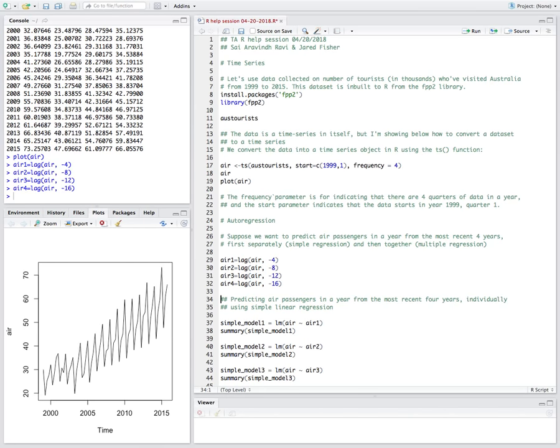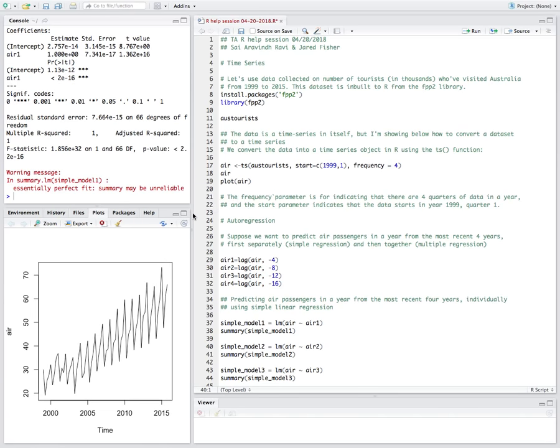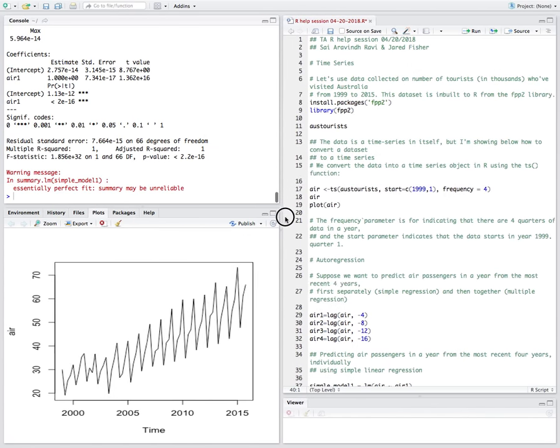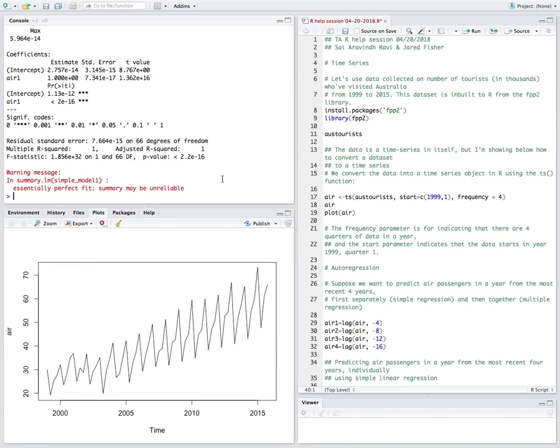So I'm just running lm commands for air against air1, air against air2, air3, and air4 respectively. We're going to be printing out the summary for this. Okay, so it says here that it's essentially a perfect fit and the summary may be unreliable.